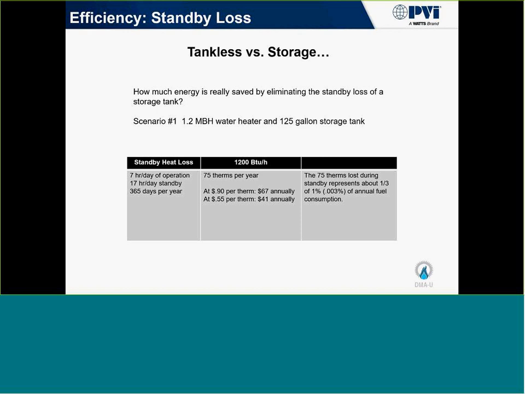So it's really not that much. You're only losing $67 in that tank, which is going to equate to about a third of a percent of the annual cost of fuel consumption, which is minimal. So really, if you look at the argument of standby loss versus tankless, we're talking about 0.003% of that annual fuel cost.